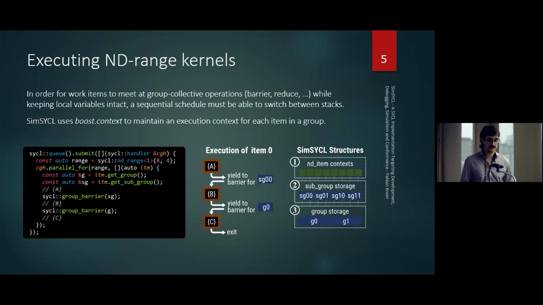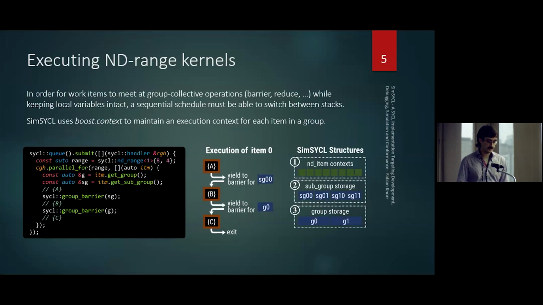This is something that can't just be expressed in normal C++. It needs something called stackful coroutines because we need to keep the stack and all local variables intact for every work item. So we use Boost.Context, which allows us to do stackful context switching.